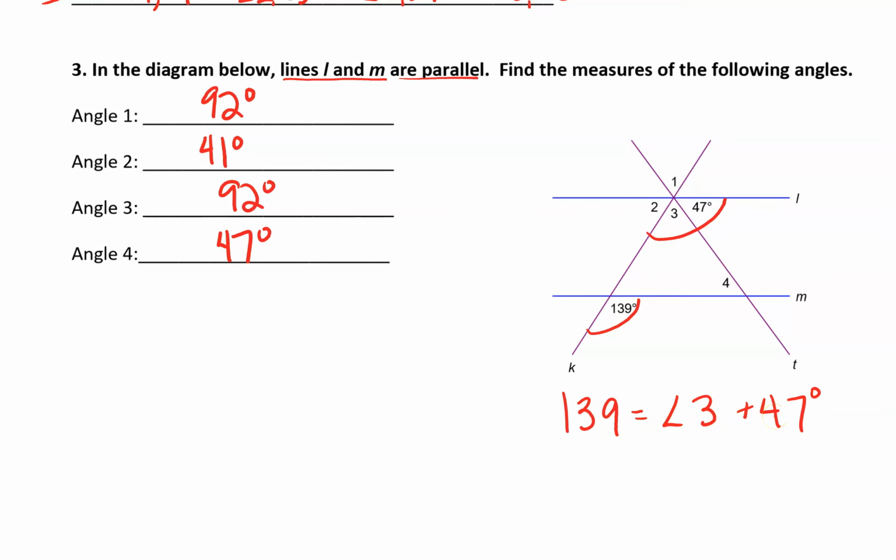So I had 139 minus 47, and that gets you this angle at 92. Then I saw that this was vertical, so that would also be 92, and then you're left with a linear pair. So 180 minus 92 minus 47 got you 41.